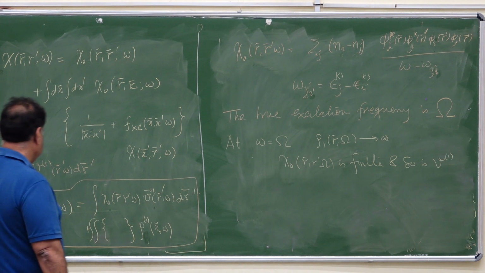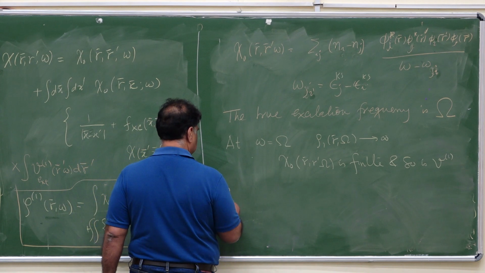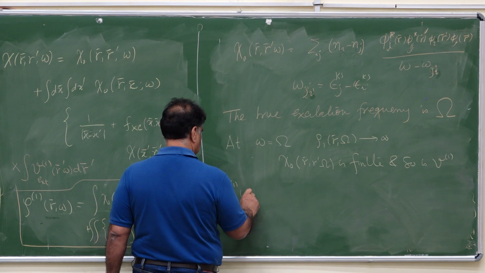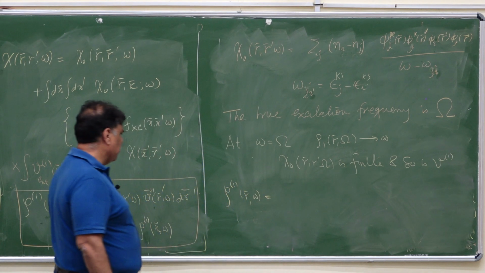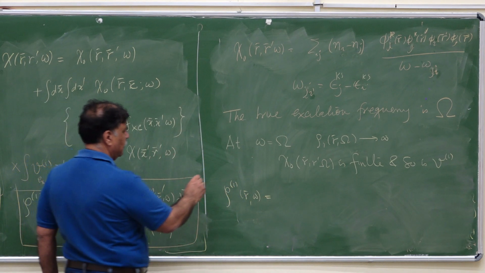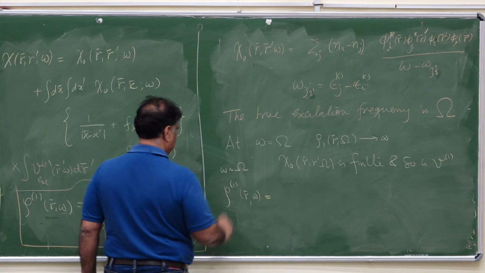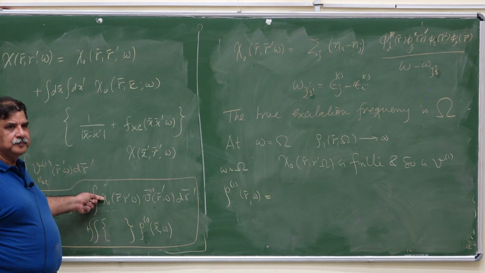So I'm going to write rho 1 omega. Since I'm close to omega equals capital omega, I can neglect this term.